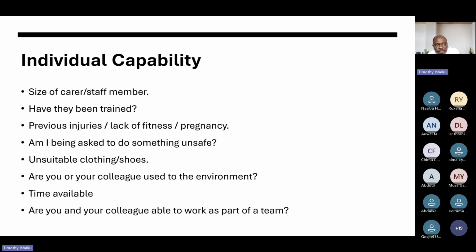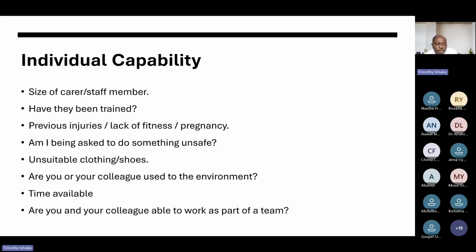Sometimes our outfit is very good for offices where we sit behind the desks, but it might not be a good outfit when we go in and engage with patients. So we need to consider our outfit when we are coming to clinics, especially when we're doing certain tasks. It's good to appear very nice, but again, it's good to also look at a suitable outfit that will be able to support the tasks you are performing.